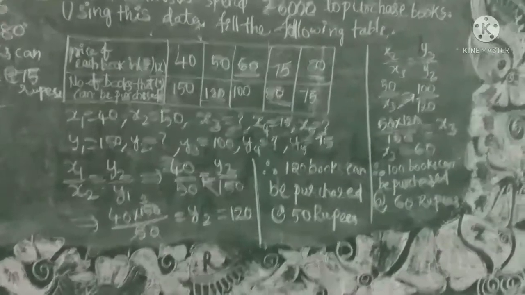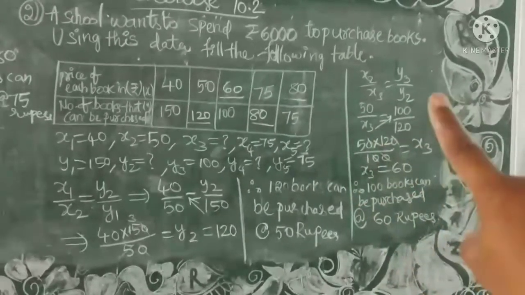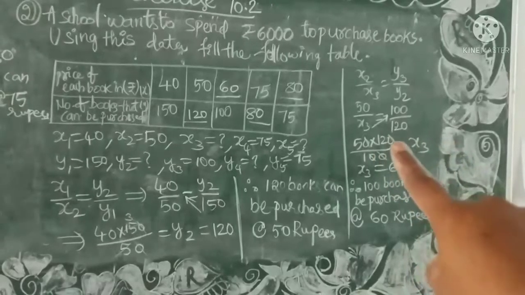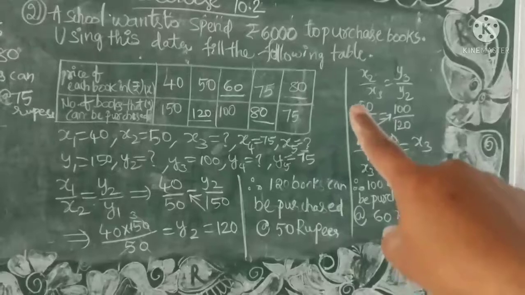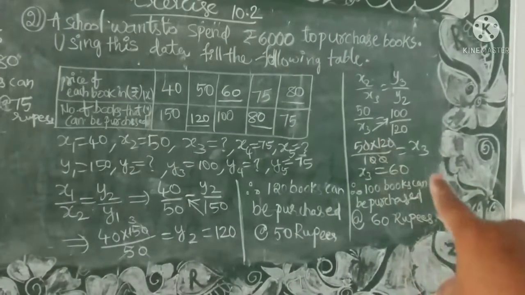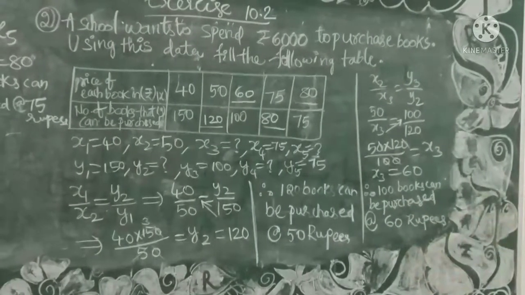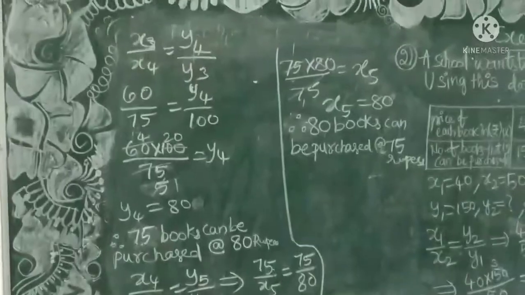Next, x2 by x3 is equal to y3 by y2. 50 by x3 is equal to 100 by 120. x3 goes up, 100 comes down, 120 goes up. 50 into 120 by 100 is equal to x3. 2 zeros cancel, 12 times 5 is 60. Therefore, 100 books can be purchased at the cost of 60 rupees.